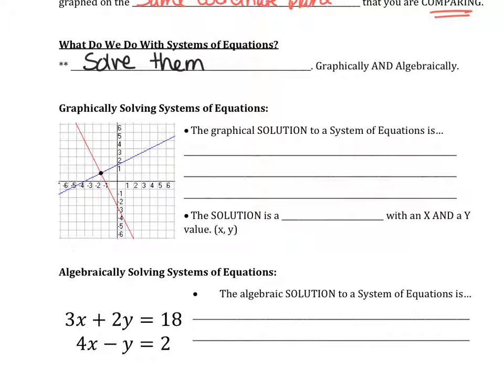Okay, so when we're graphically solving systems of equations, the graphical solution to a system of equations is the point where the two lines intersect. So in this example, right where those two lines cross, that is our solution.